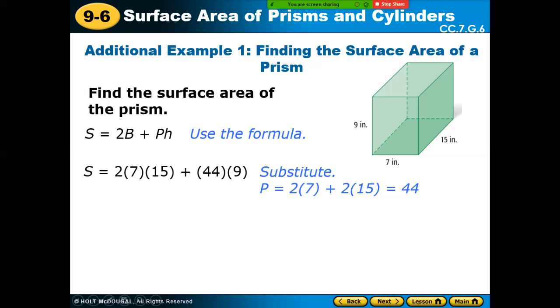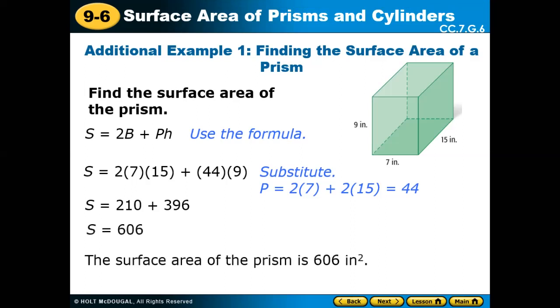And then I will write 44 instead of P, and 9 instead of h. Then you start your calculations: 7 times 15 times 2 gives 210, and 44 times 9 gives 396. By adding these two numbers, we get the surface area of that prism: 606 square inches.